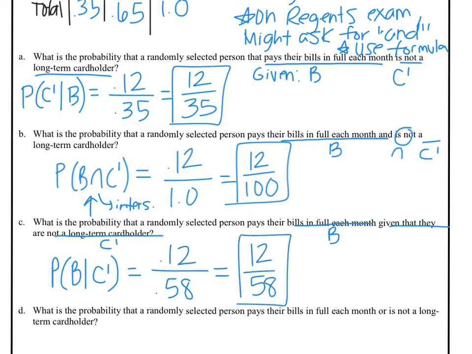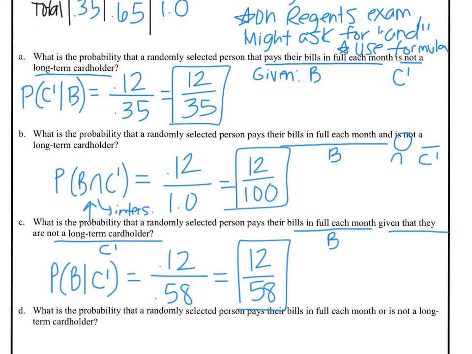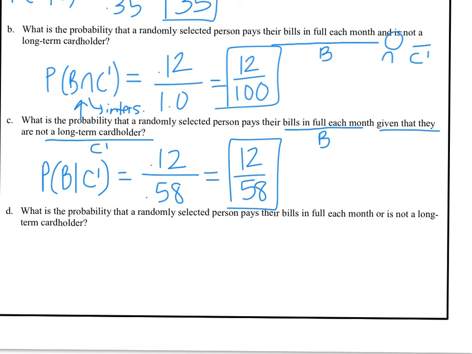Okay. All right, then the last question says, what is the probability that they pay their bills in full each month, B, or is not a long-term card holder, C prime. So we're finding P of B or C prime.